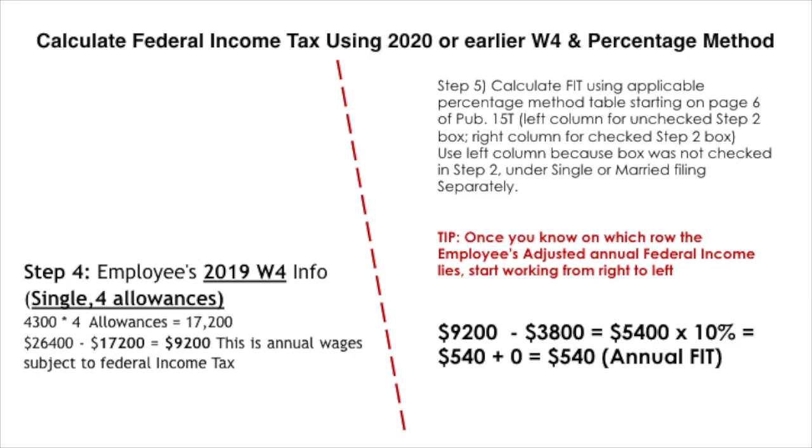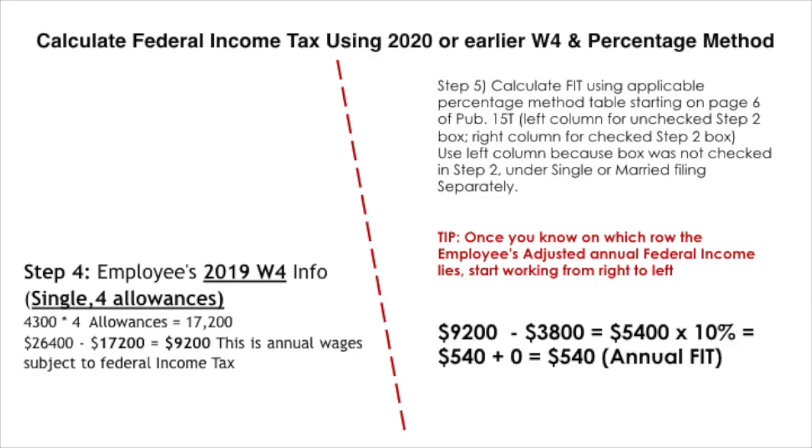In our example, we are told that the employee has 4 allowances. Now, that is different from what we did in the last example. Here we are given the allowances and the amount per allowance is $4,300. So we will multiply $4,300 with 4 and we get $17,200.